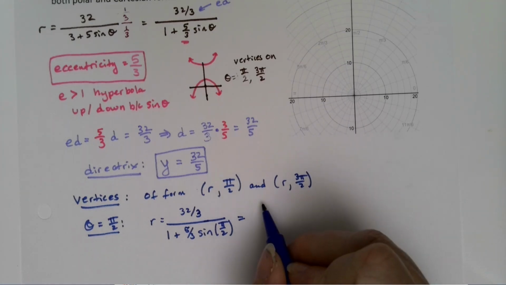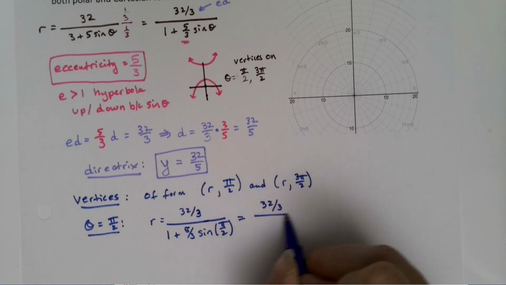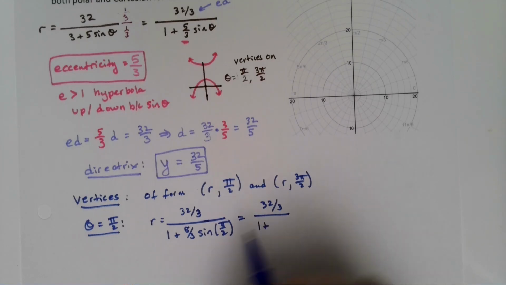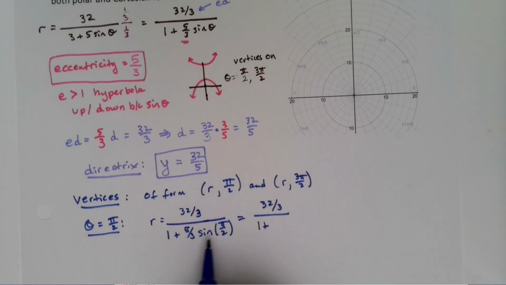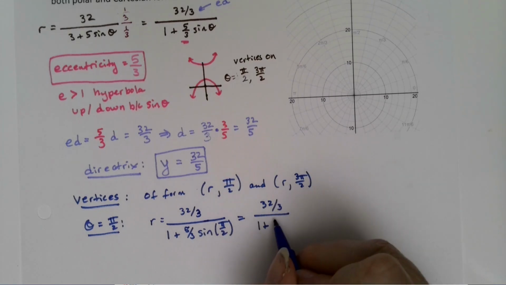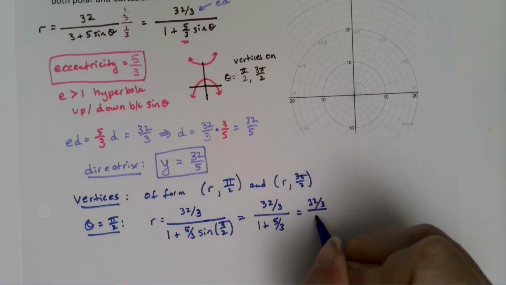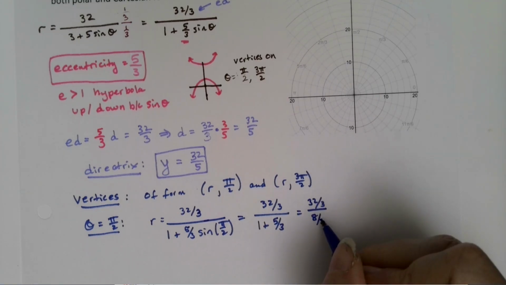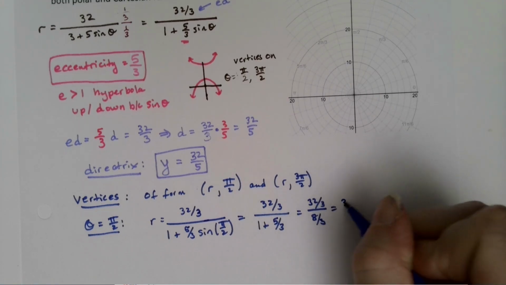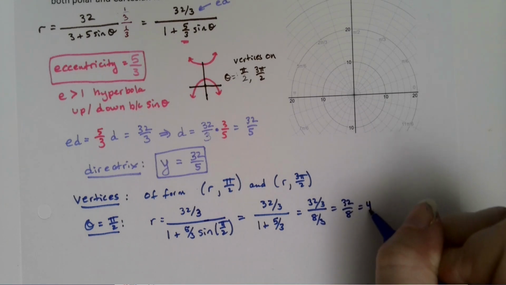All right, so this will be 32 over 3 over 1 plus, the sine of pi over 2 is 1. So that's 1 plus 5/3, which is 32 over 3 over 8/3. The 3's will cancel because they're both in the denominator. So it's 32 over 8, which is 4.